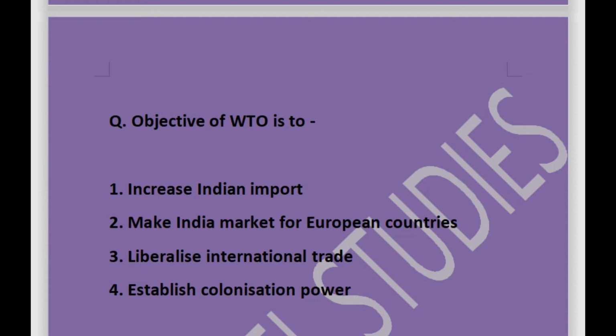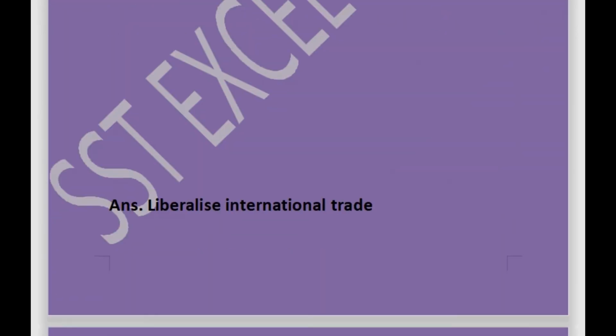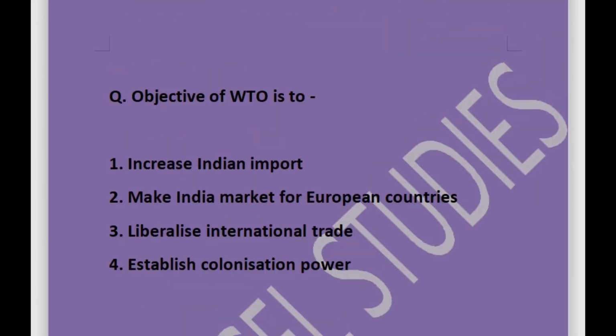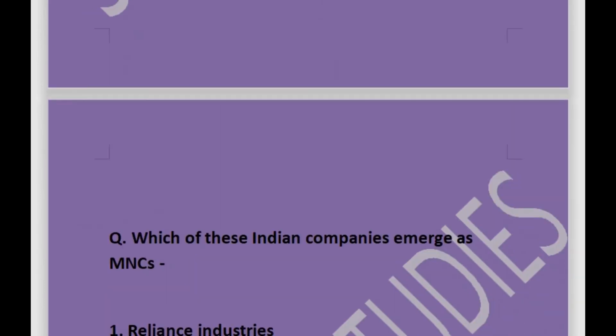Options are increase Indian import, make India a market for European countries, or liberalize international trade, or establish colonization power. Answer is liberalize international trade. Objective of WTO is to liberalize international trade.